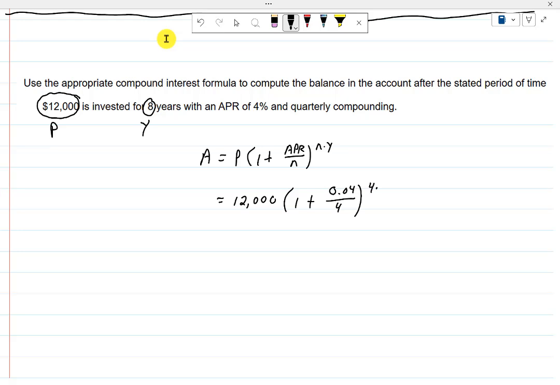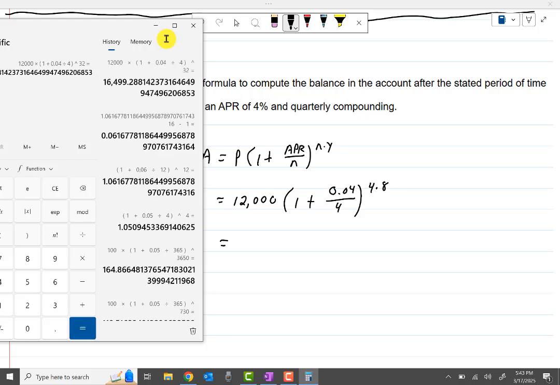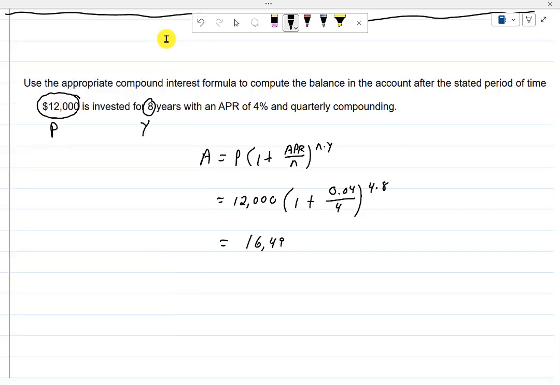And 8 years, so I'll put 8 for the Y. So I have 12,000 times, I'll start my parenthesis, 1 plus 0.04 divided by 4, finish my parenthesis, and then I'm going to raise that to the 32nd power. I get $16,499.29. So there's a straightforward use of the formula.